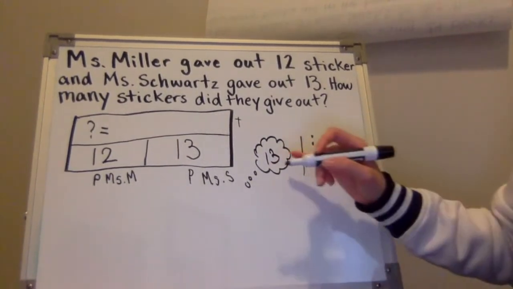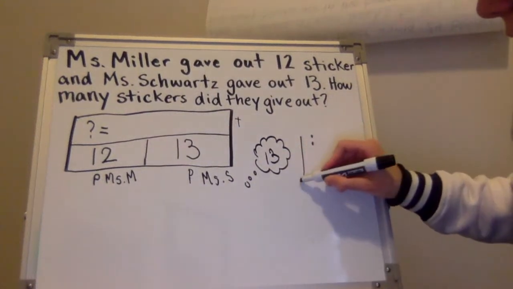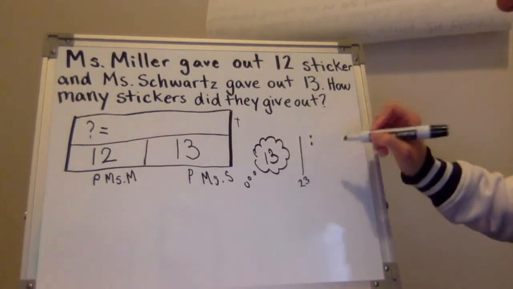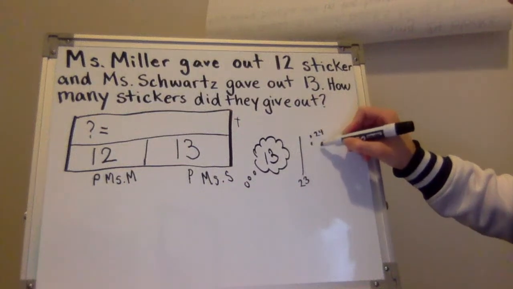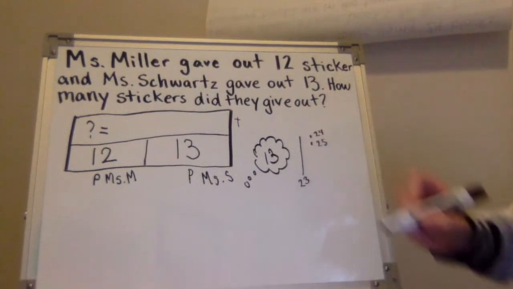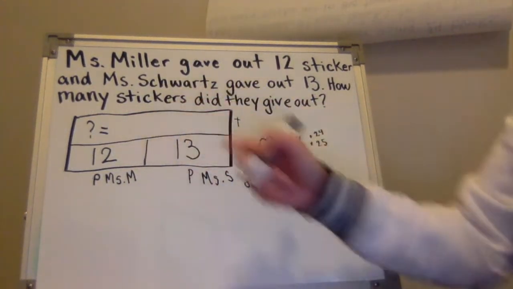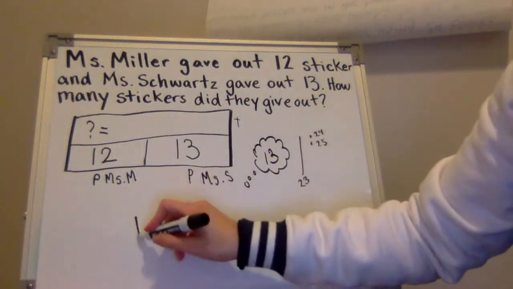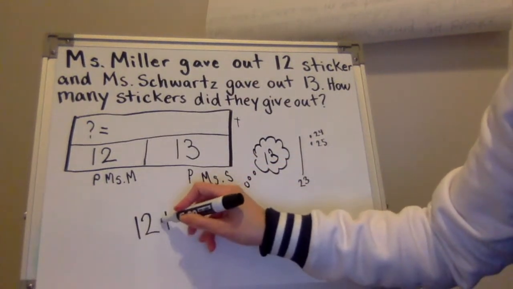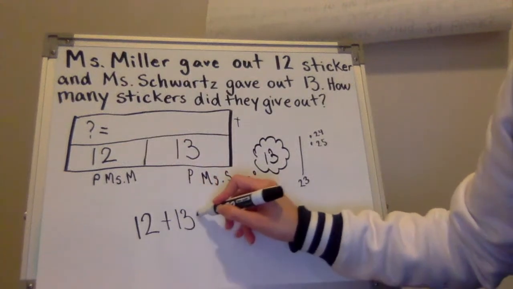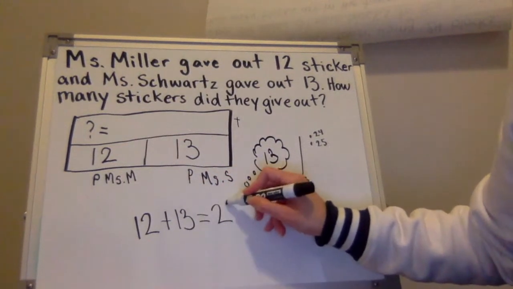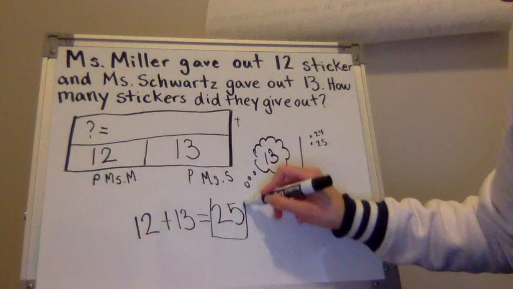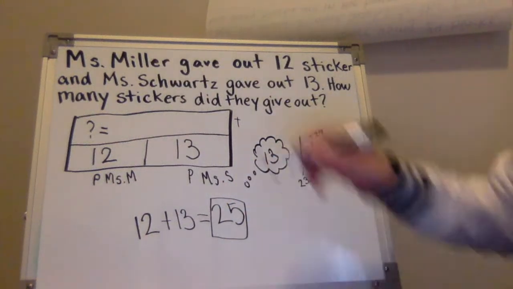Now let me count on. 13 plus 10 is 23, 24, 25. So that means 12 plus 13 equals 25.